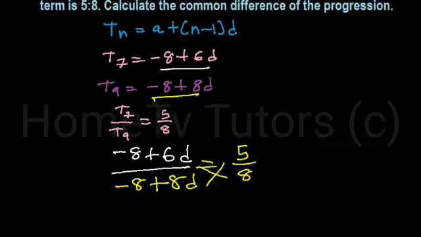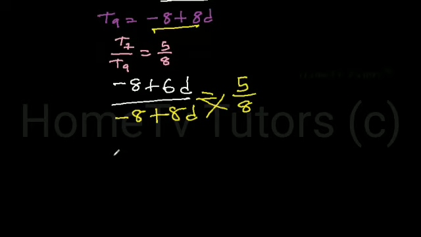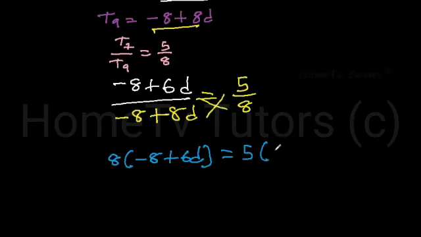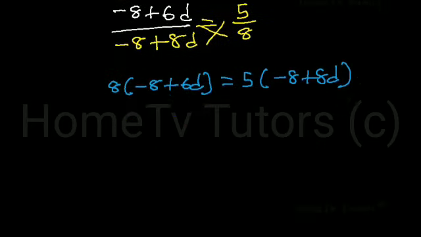By the time we cross multiply, on the left hand side we have 8 bracket minus 8 plus 6d bracket. Then on the right hand side we have 5 bracket minus 8 plus 8d bracket. We're in the process of looking for the common difference.